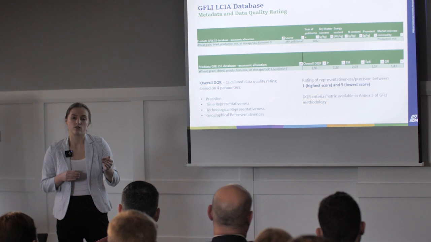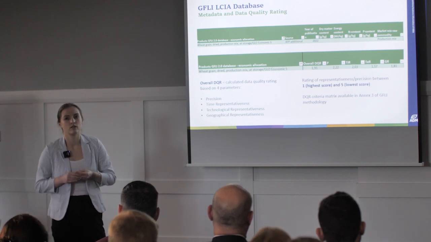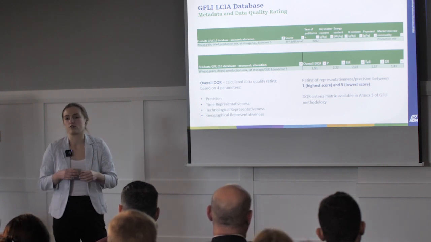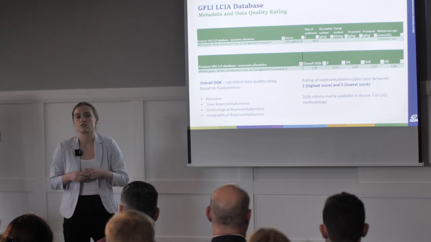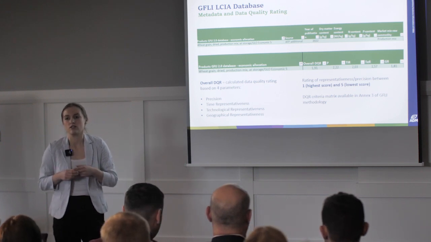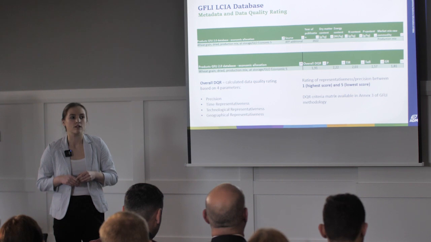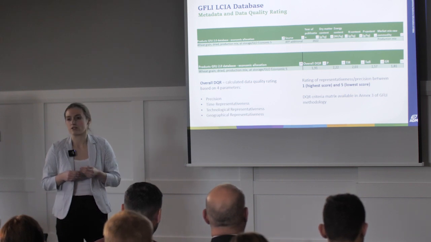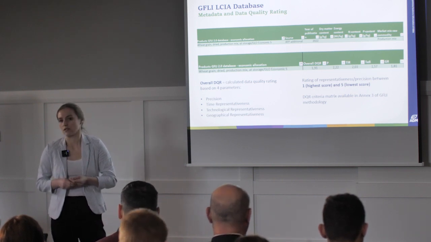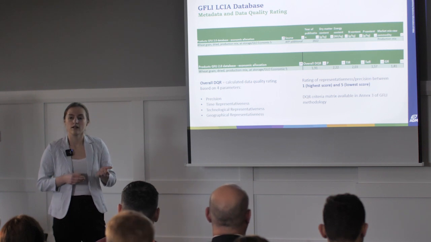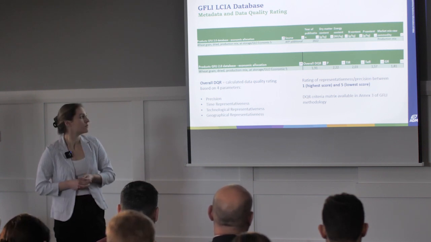1 would be the highest value. So for example, if you have very precise results. It's measured, it's verified, the reference year is correct. You have data of the region that is actually in your scope. Then you would give it a rating of 1, and 5 would be the lowest.